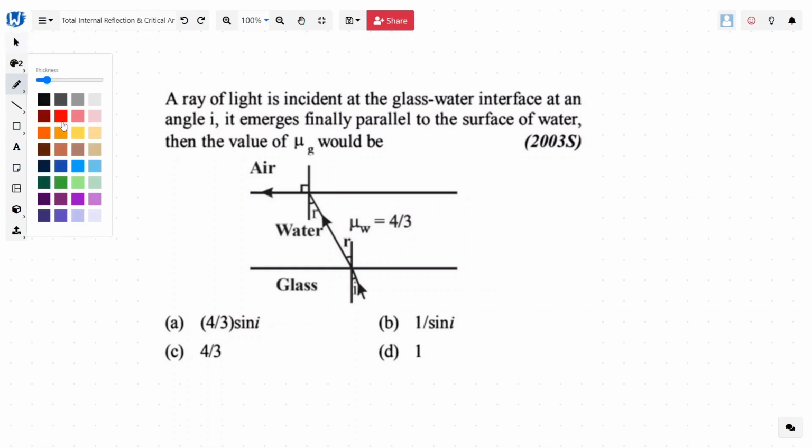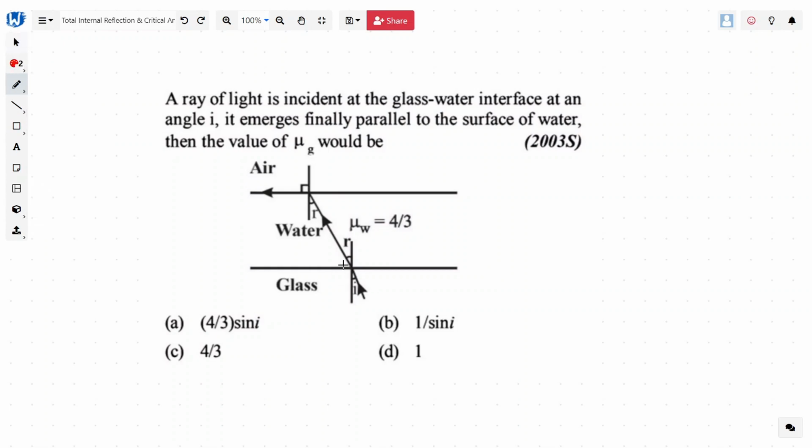The ray of light is coming like this and finally coming out like this, which means there is a total internal reflection happening over here. We need to find the value of the refractive index of the glass, and we have options.